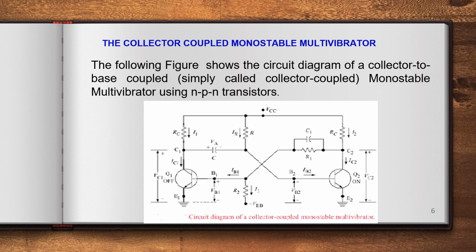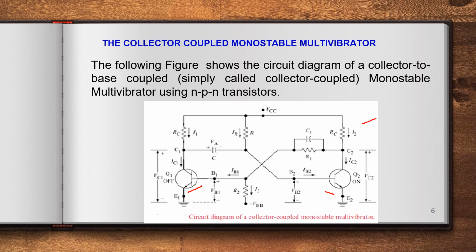This figure is a circuit diagram of the collector to base coupled, or simply collector coupled, monostable multivibrator, implemented using NPN transistors. Q1 and Q2 are NPN transistors.